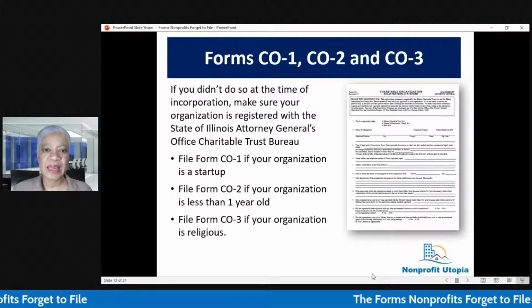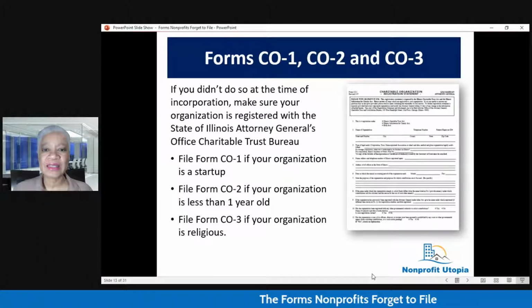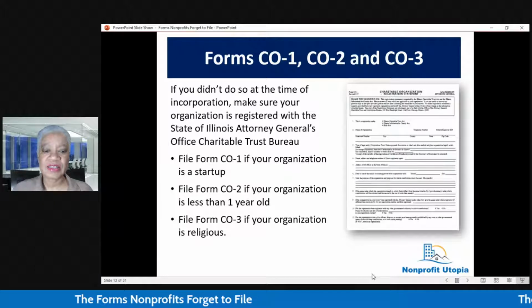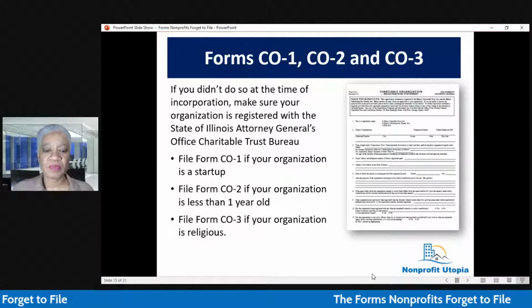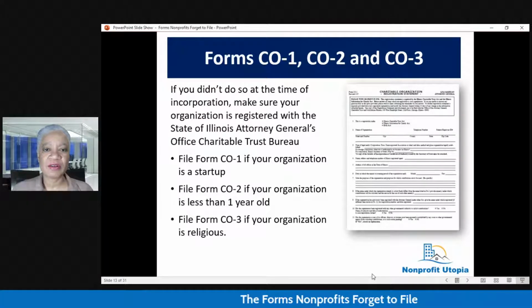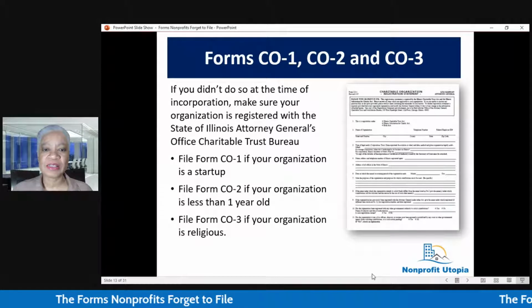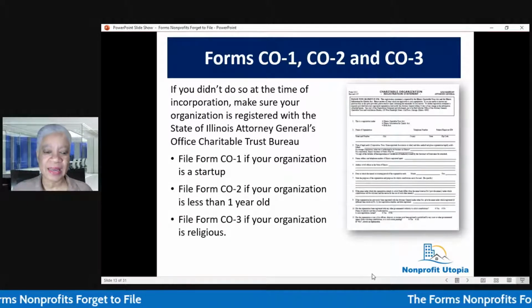Form CO3 is for religious organizations, and religious organizations don't have to disclose information like nonprofit organizations. They don't have to do the Form 990.